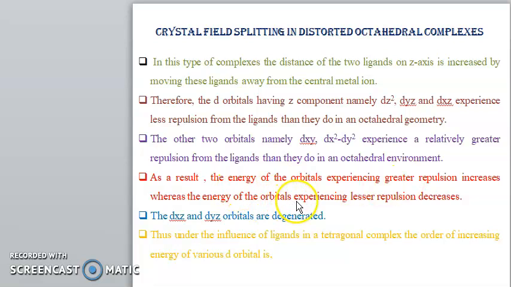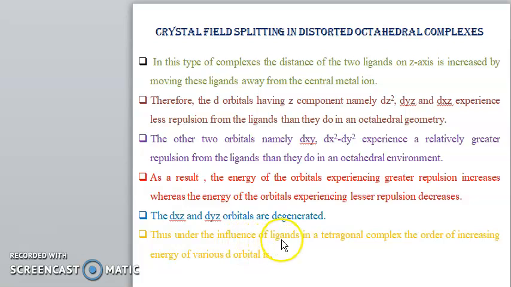As a result, the energy of the orbitals experiencing greater repulsion increases, whereas the energy of the orbitals experiencing lesser repulsion decreases. The dxz and dyz orbitals are degenerate.